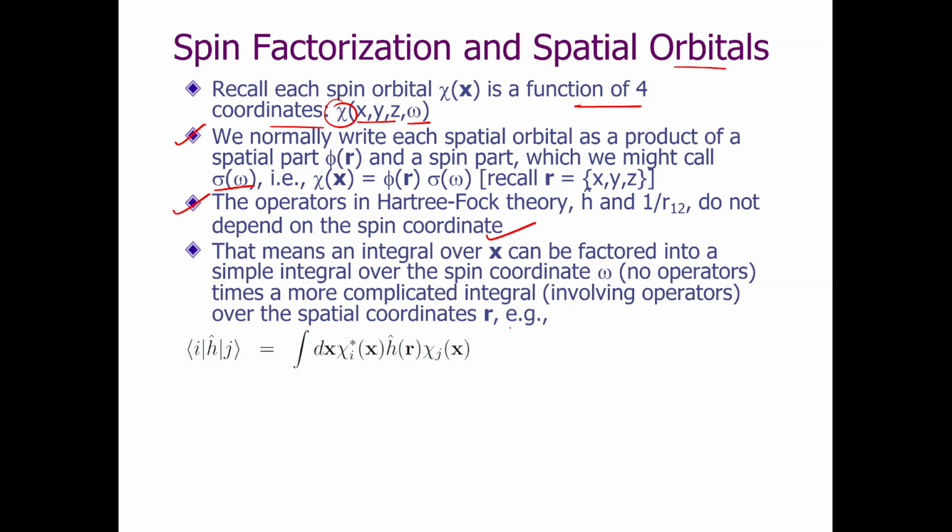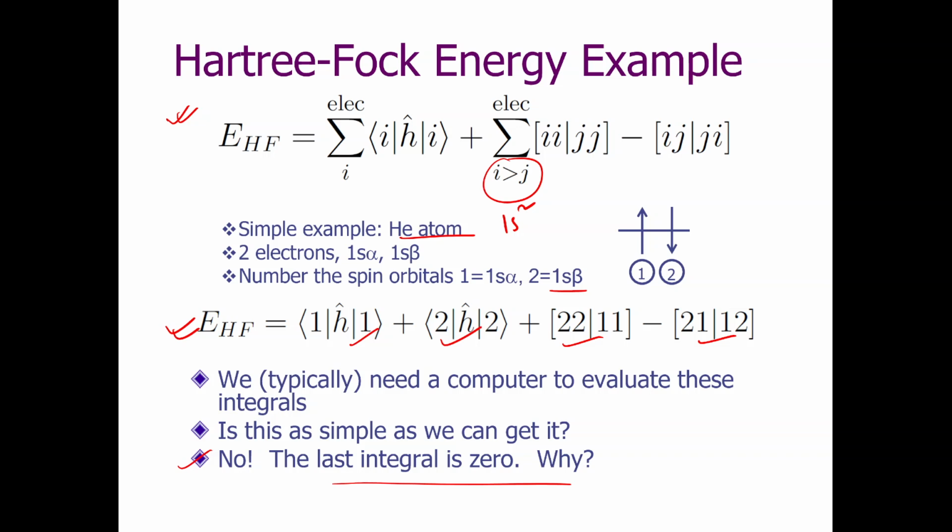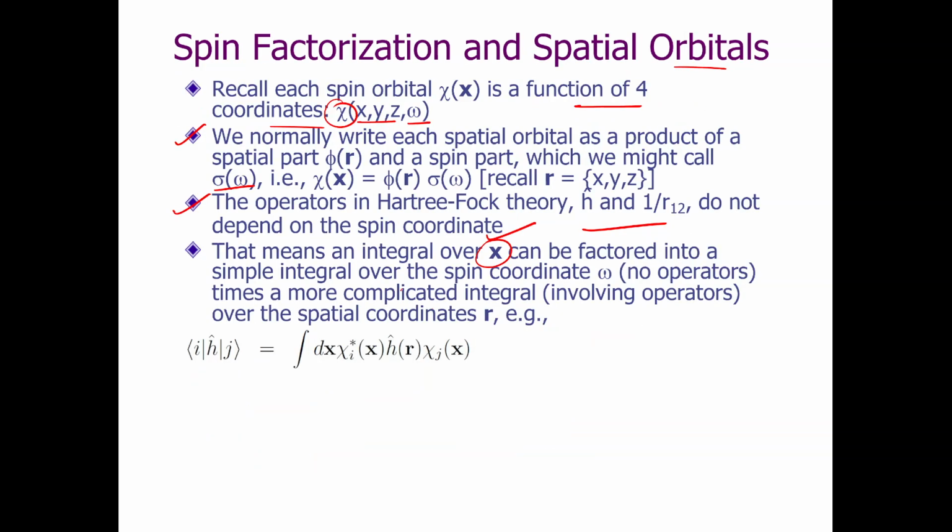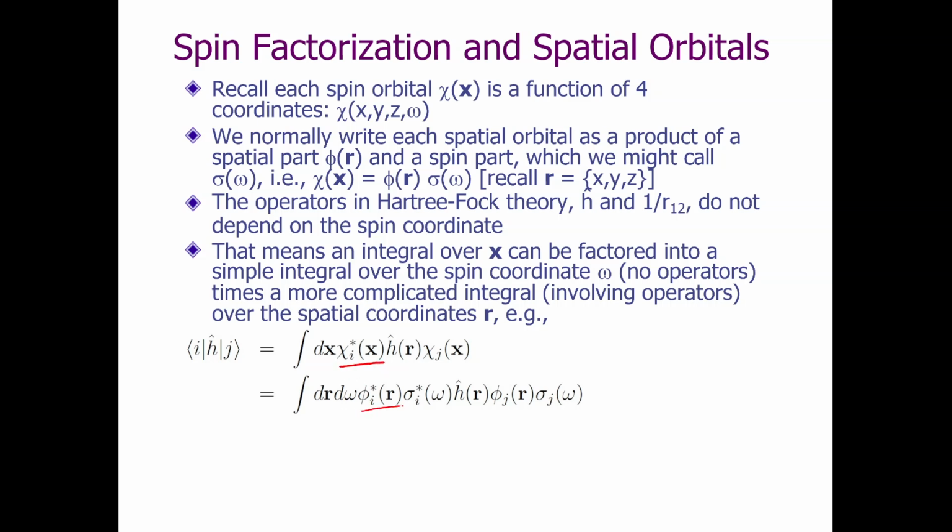So that means that your H or 1 by R12 does not depend on the spin coordinate. That means, in an integral over x, whatever integral you are seeing here, you can actually separate out the spin coordinate. That is what is basically done here. So we are writing this chi i as phi i of r and sigma i of omega, and similarly this chi j as phi j and sigma j.